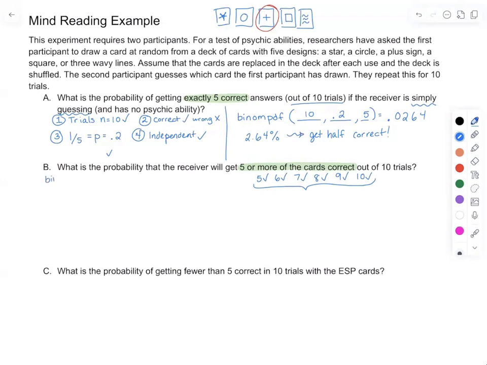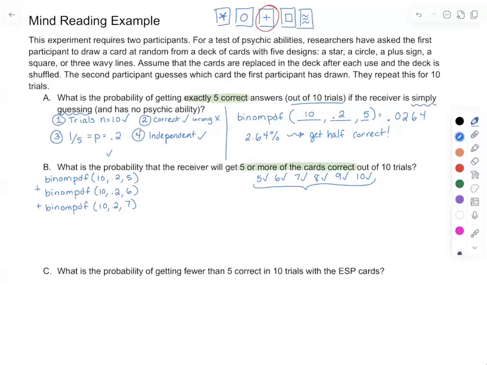The first thing I'm going to have to do is binomial PDF of what we just did. That's 10, comma, 0.2, comma, 5. That's the probability that they get 5 correct answers. Then I'm going to add on to that the probability that they get 6 correct answers. That's 10, 0.2, and 6. Then I have to add on to that binomial PDF that they get 7 correct answers.